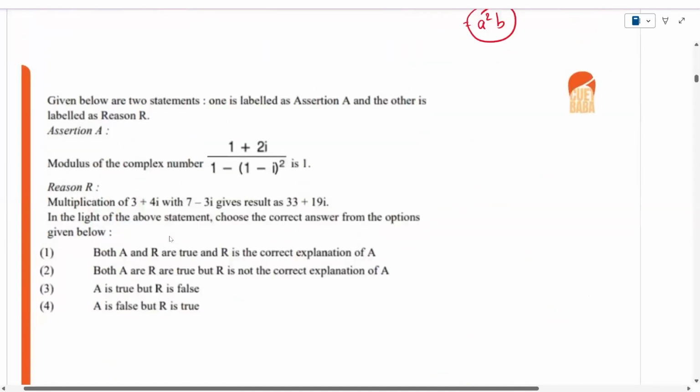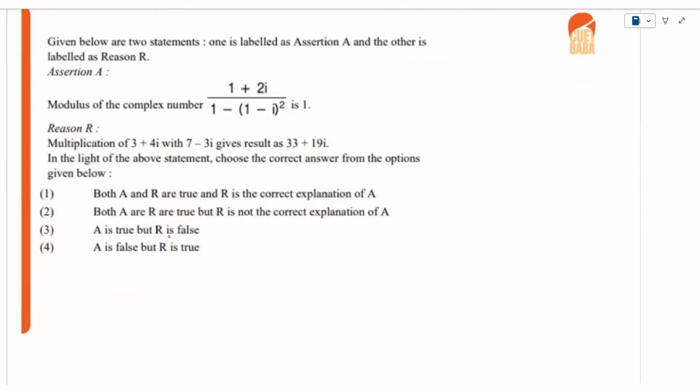Now in this question, we have to calculate the modulus of this complex number. Before calculating modulus, let us simplify this one. 1 plus 2i upon, on simplifying the denominator, it is 1 square plus i square minus 2i, right?